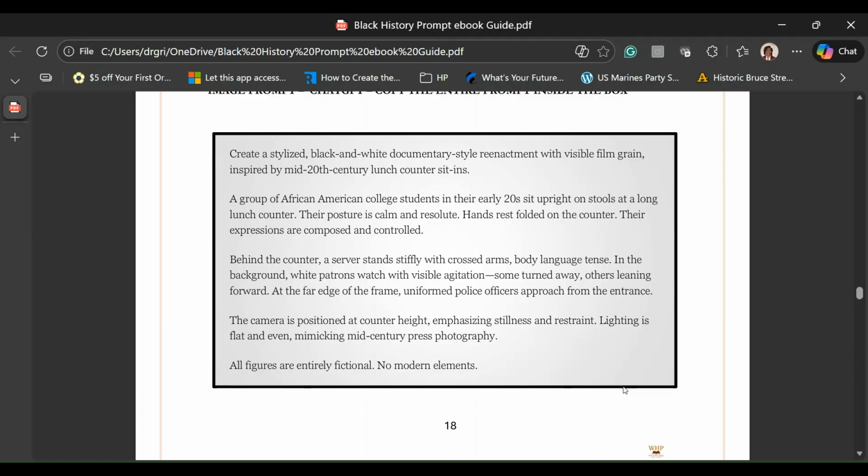You have to really show that the person is angry instead of telling. And so that's going to be the key when we put together our prompts for African American images.